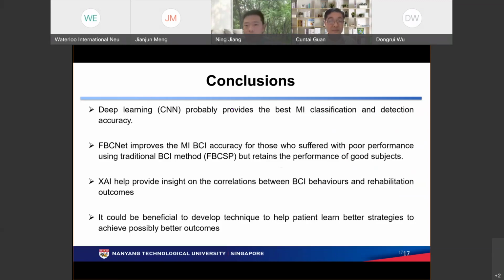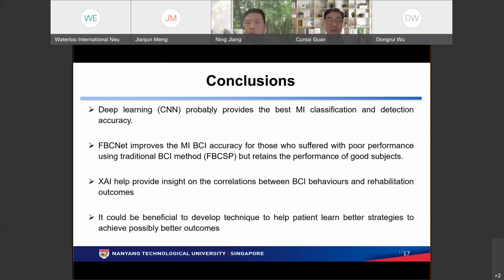The first question is, why for some subjects is SVM better and for other subjects EEGNet is better? And what is the main reason, Professor Guan, you think? Yeah, this is still a mystery. I don't think we have a clear understanding of this.